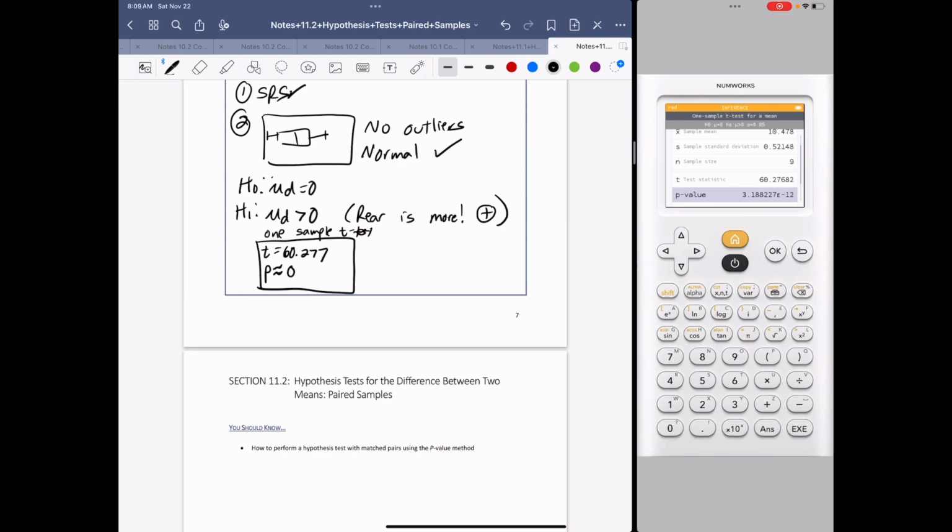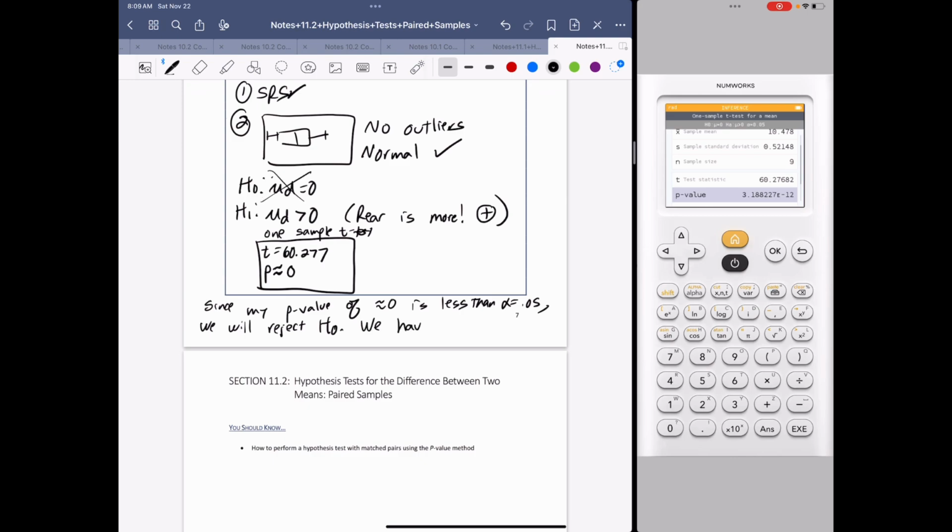Since my p-value of approximately 0 is less than alpha equals 0.05, we will reject H0. H0 is gone.